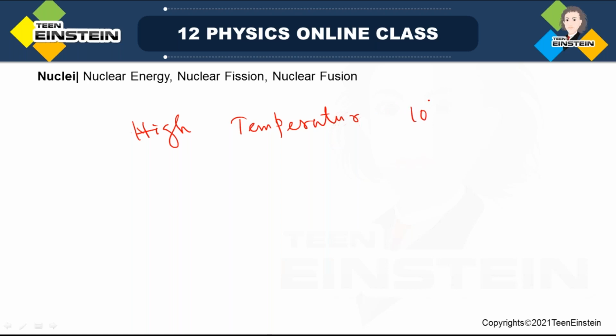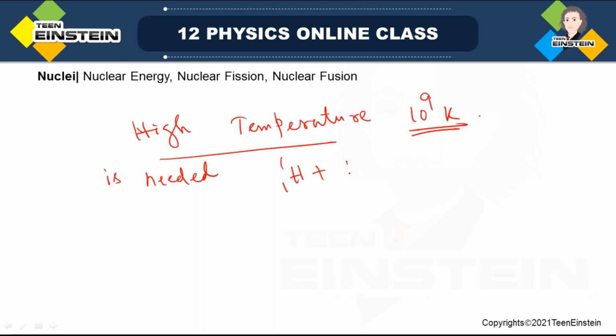How high is it? As high as 10 to the power 9 Kelvin temperature is needed to fuse two protons.